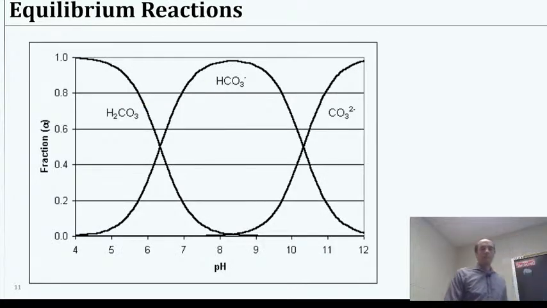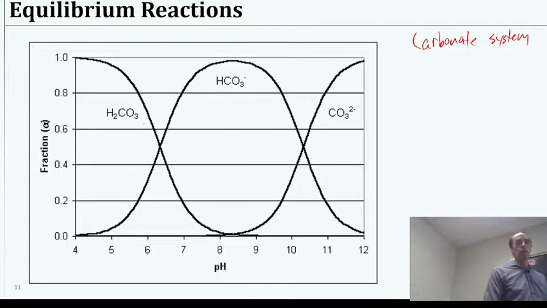The carbonate system is a pretty good example of equilibrium reactions in practice, where we have carbonic acid, CO2 dissolves in this form, and then at neutral pHs quickly equilibrates with bicarbonate, HCO3 minus, which is typically the dominant species at neutral or near neutral pHs.